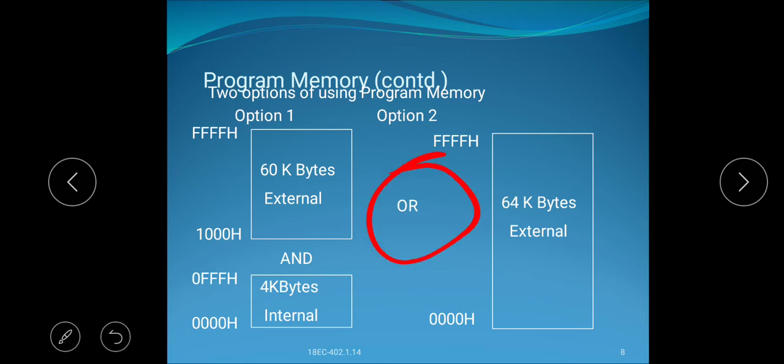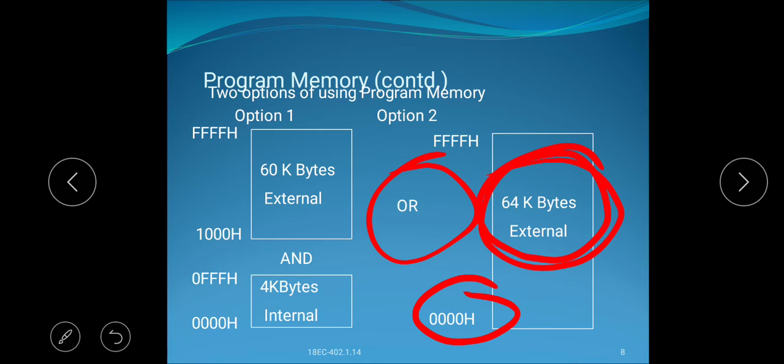Or option 2: the total 64 kilobytes are used as external program memory, that is 0000H to FFFFH.